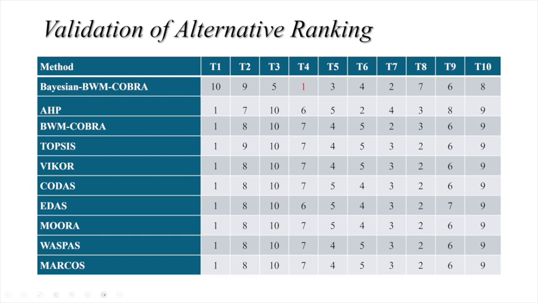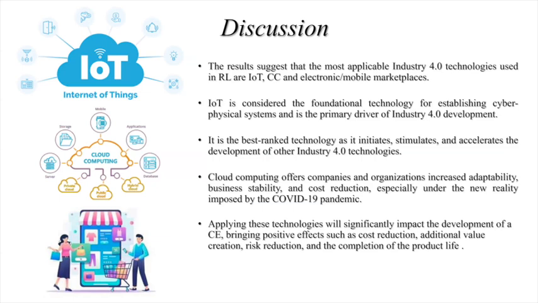So what we infer from here is that, out of the Industry 4.0 technologies used for RL, reverse logistics, the best is the IoT, followed by cloud computing, and then the mobile marketplaces. And we have genuinely seen, as an example that has been taken, that it really does work.